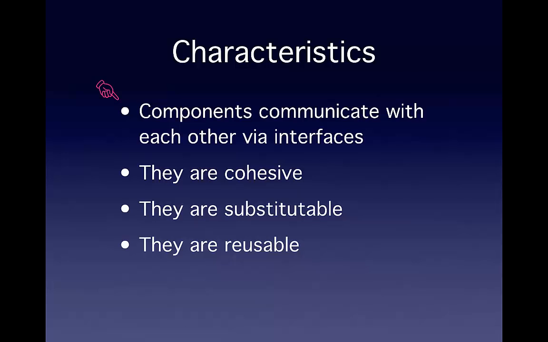Components are cohesive. In other words, a component should ideally serve a single purpose. It should not take on multiple roles. A component should be substitutable for another component that implements the same interface. And a component should be able to be reused in many different systems.